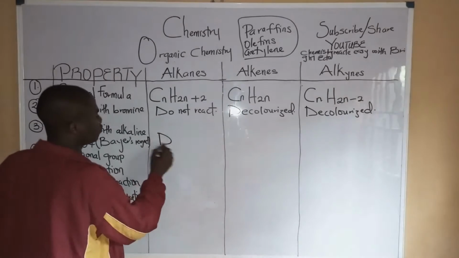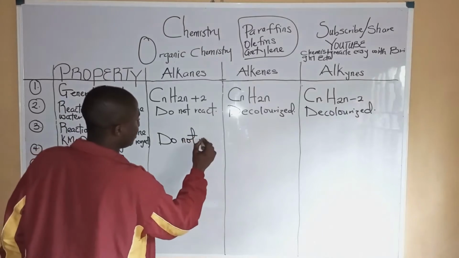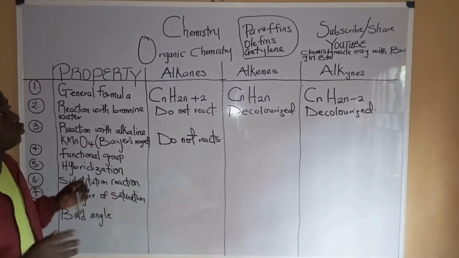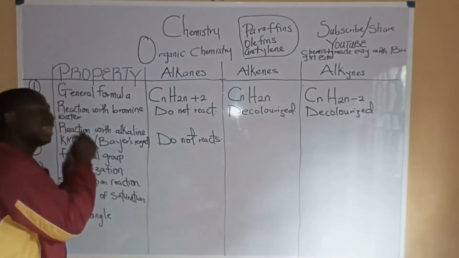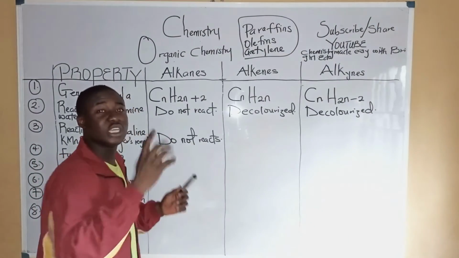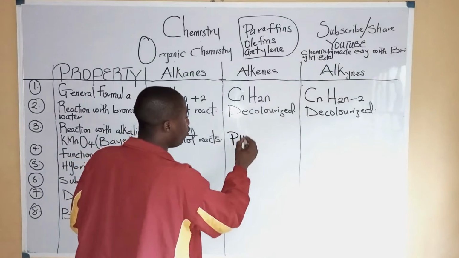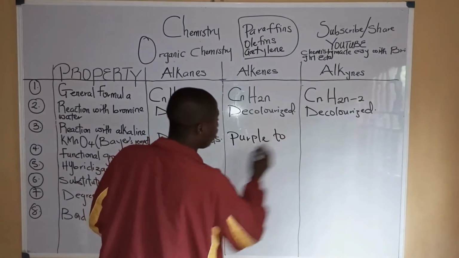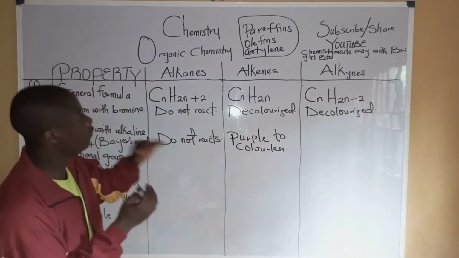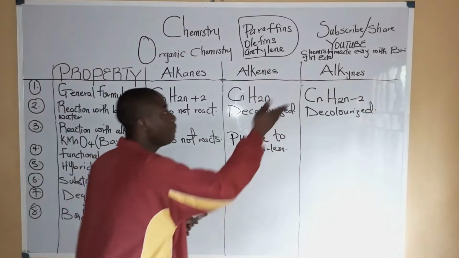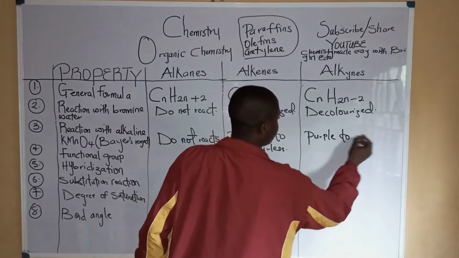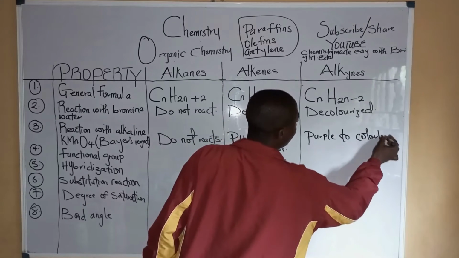Alkene plus alkaline KMnO4, which is Bayer's reagent, when both react, it changes the color from purple to colorless. The same applies to alkyne. It changes the color from purple to colorless.